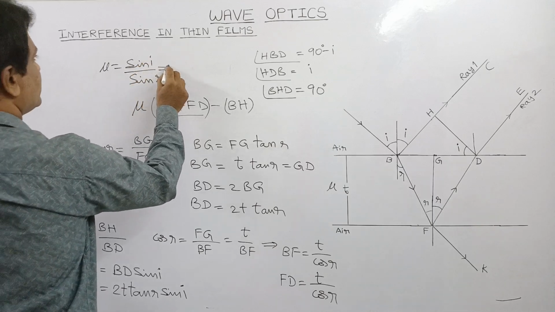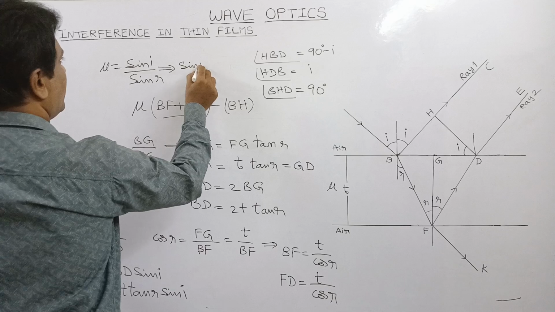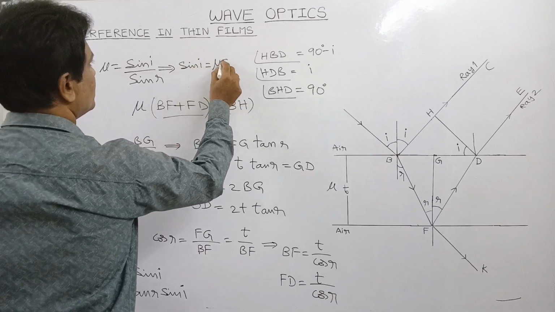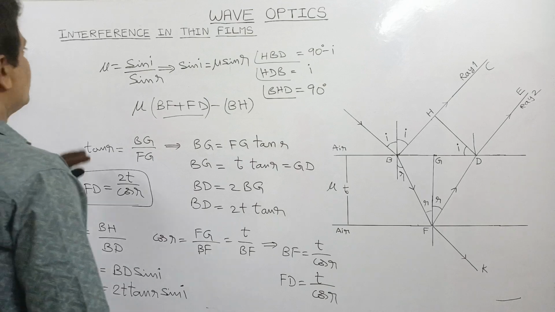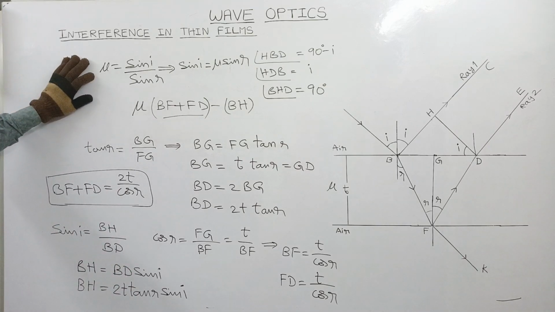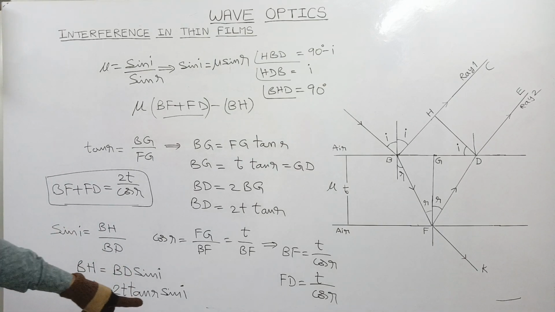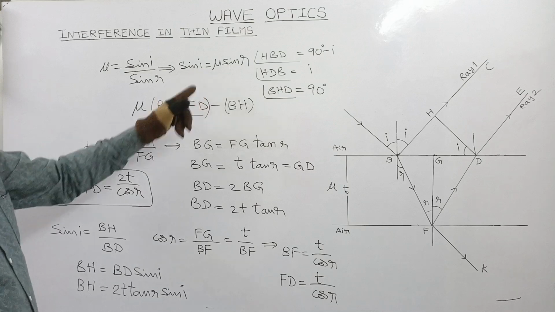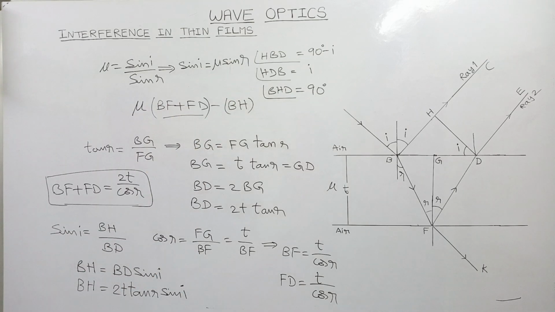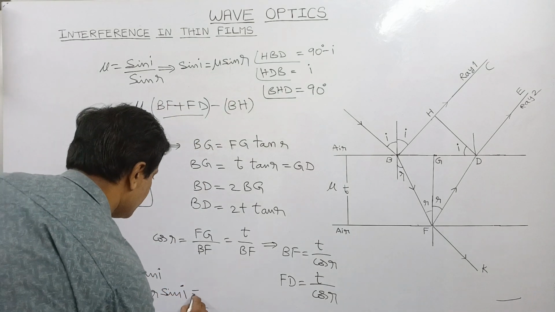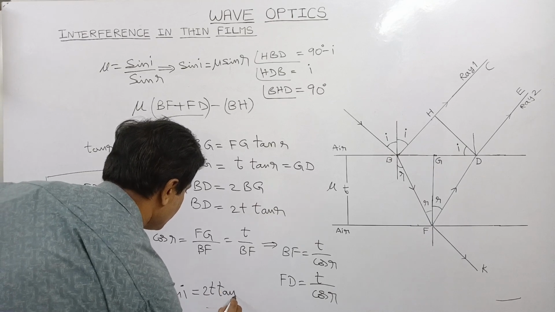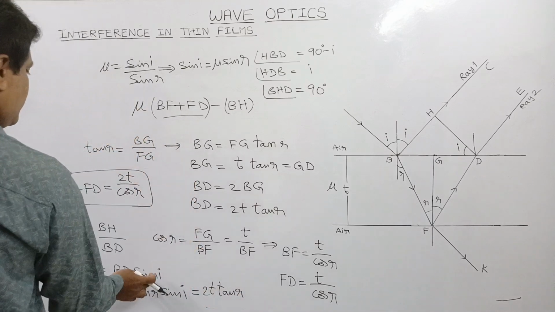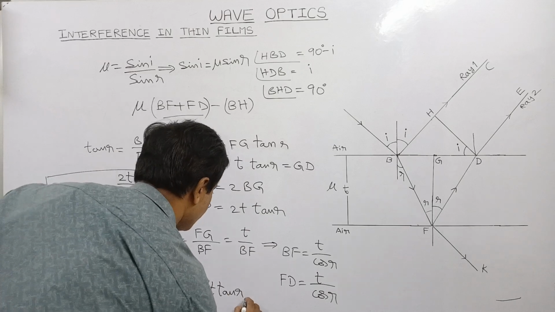So that implies sin i is equal to mu sin r. We have this equation from Snell's law. If you replace sin i by mu sin r, this becomes 2t tan r, with sin i replaced by mu sin r.